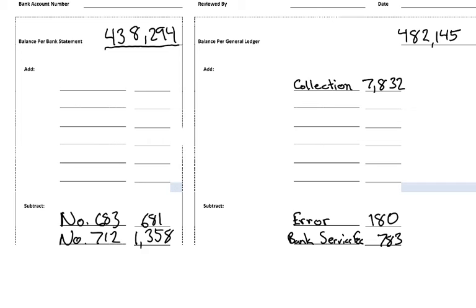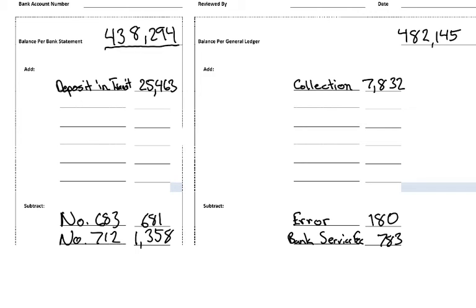That is a deposit in transit. So we're going to put deposit in transit, and that is going to be $25,463.